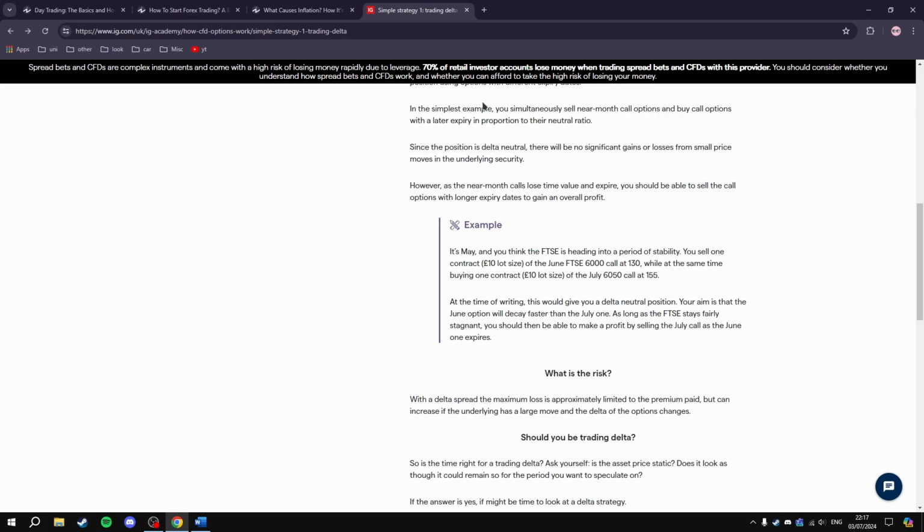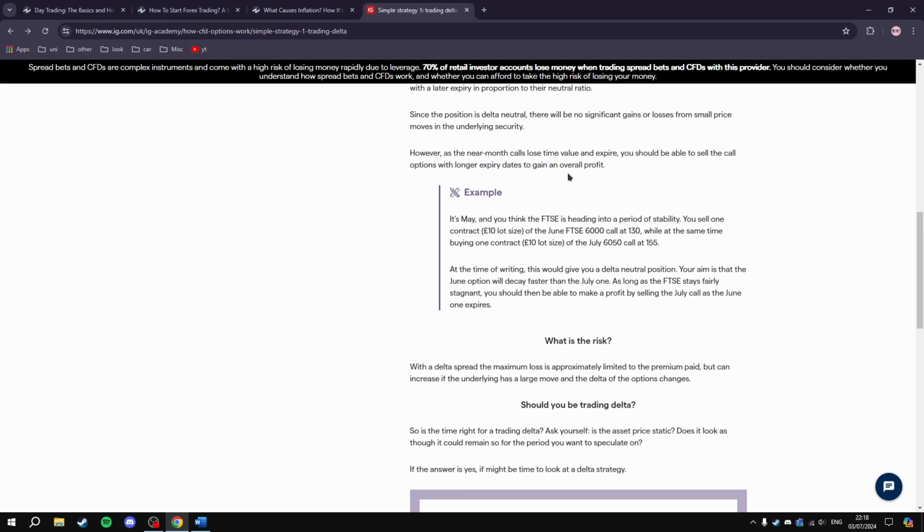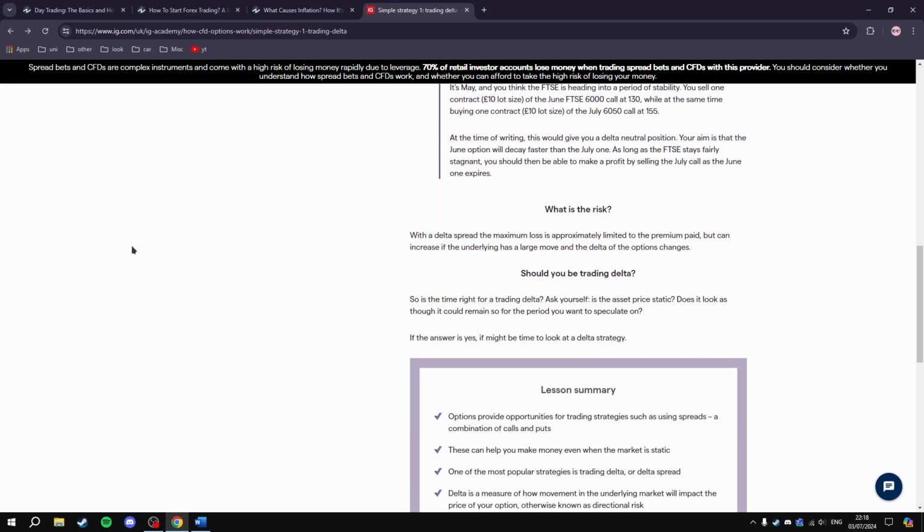You simultaneously sell near month call options and buy call options with a later expiry date in proportion to their neutral ratio. Since the position is delta neutral, there will be no significant gains or losses from small price moves in the underlying security. However, as the near month call loses time value and expires, you should be able to sell the call options with longer expiry dates to gain overall profits.